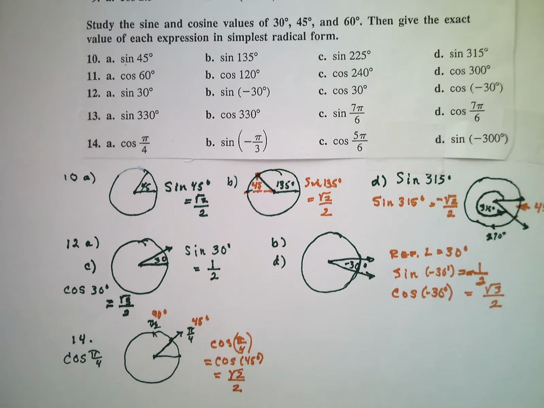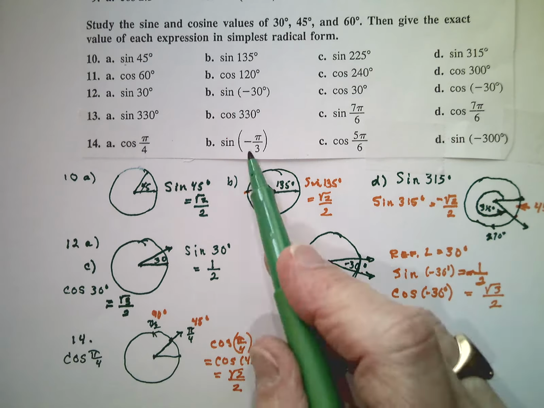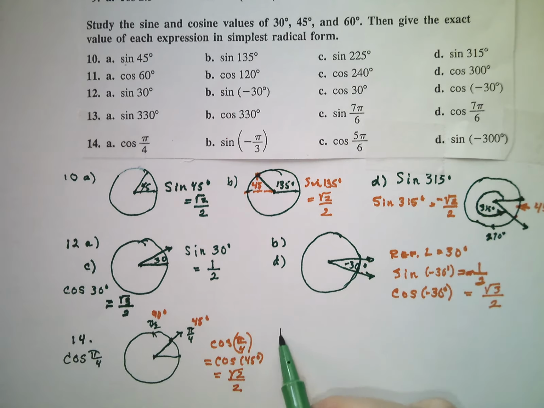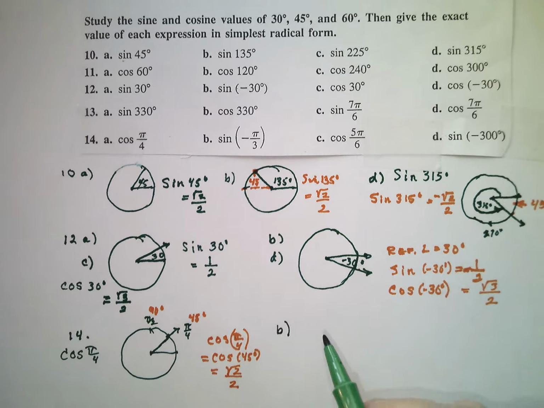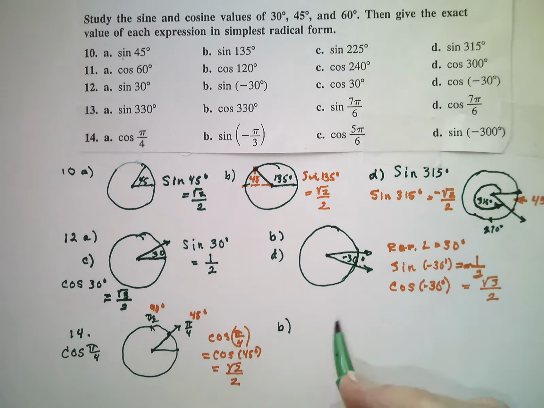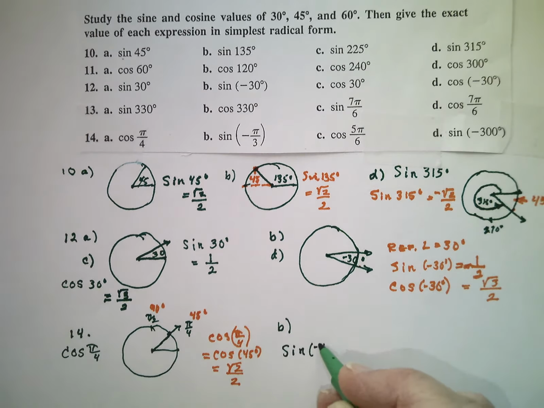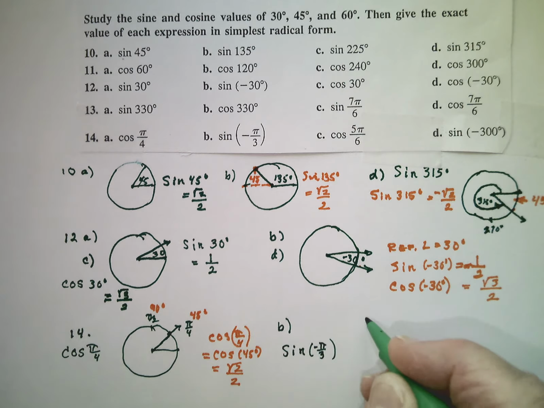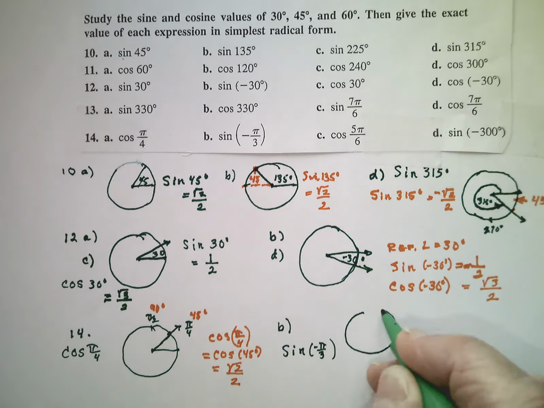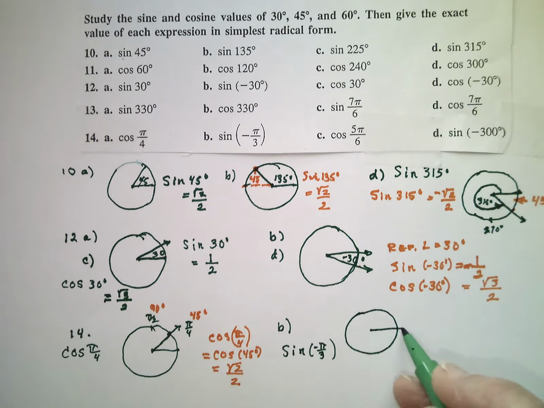For part B on number 14, the sine of negative pi over 3. So that would be pi over 2's up, negative pi over 2's down here, so negative pi over 3 might be about here.